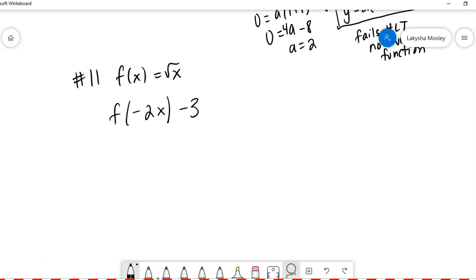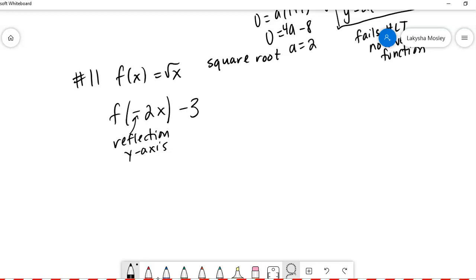What you should get from this is that inside of the function, and the function is a square root, since that -2 is with x, there's something happening with b. So we have horizontal stretch or compression, and we have a reflection across the y-axis. That tells me about the reflection across the y-axis, and because these two are in there together, I know this has to do with b.